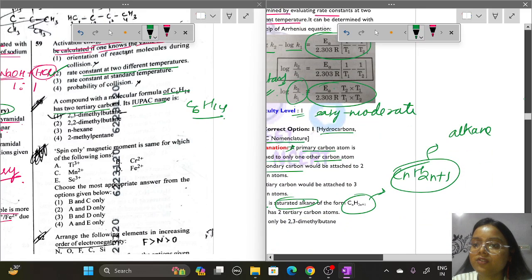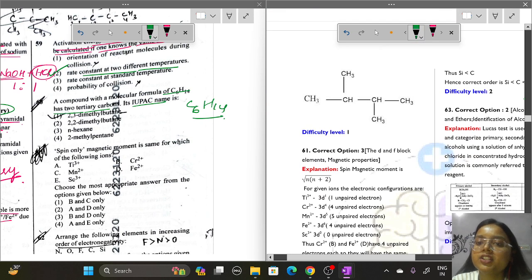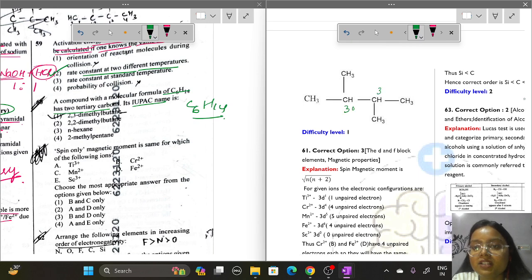It is the general formula of alkane. So it has two tertiary carbons, so the structure might be drawn this way: two tertiary carbons and four primary carbons.